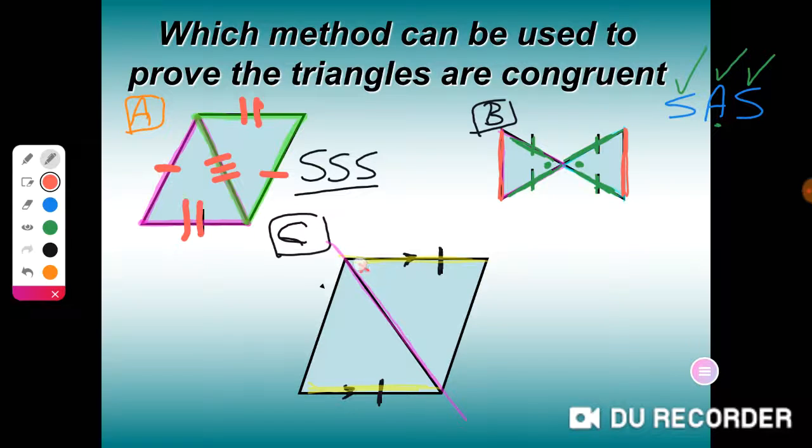This angle and that angle are congruent, and the reason is because the two sides are parallel. And we have another pair of angles. This angle, angle O, is congruent to angle O because both are alternate interior angles.